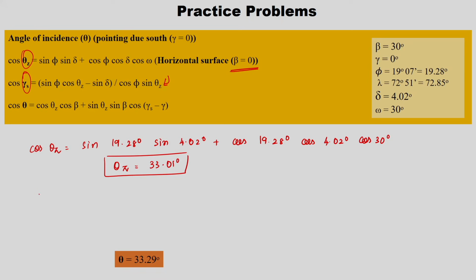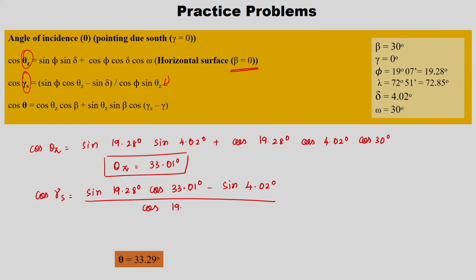Then the second formula is cos gamma s, which is nothing but sin theta z sin 19.28 degree, and then cos of 33.01 degree minus sin of declination angle 4.02 degree divided by cos of 19.28 and sin of 33.01 degree.